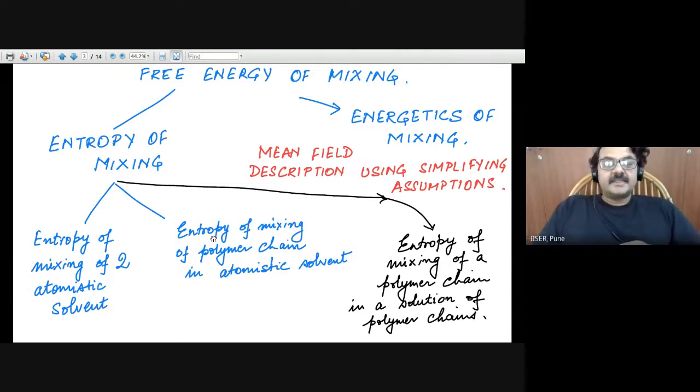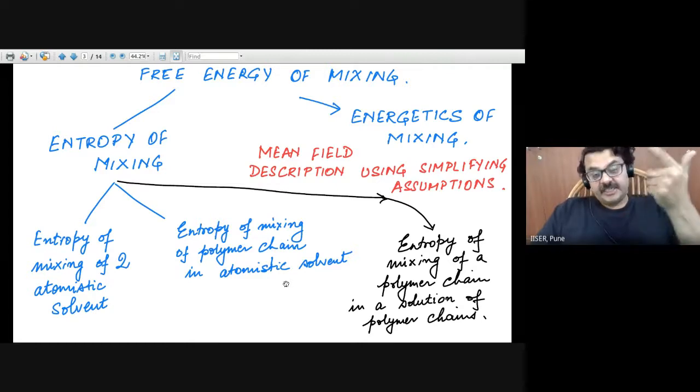The other case is the entropy of mixing of a long polymer chain, a connected object, that is getting mixed in an atomistic solvent. Each monomer has approximately the same volume as the atomistic solvent, but we are more interested in calculating the entropy of mixing of an entire polymer chain in a solvent.